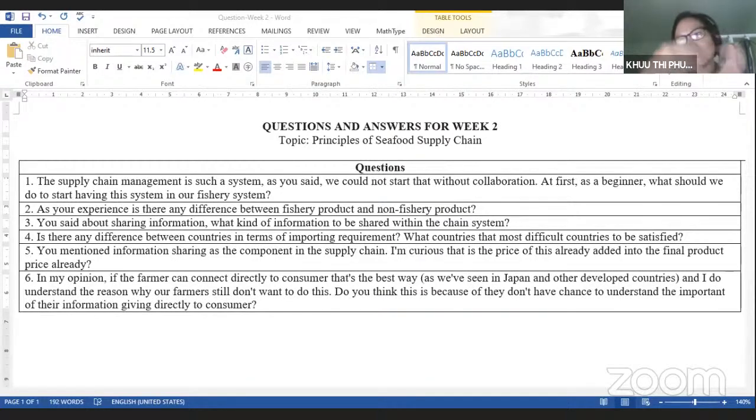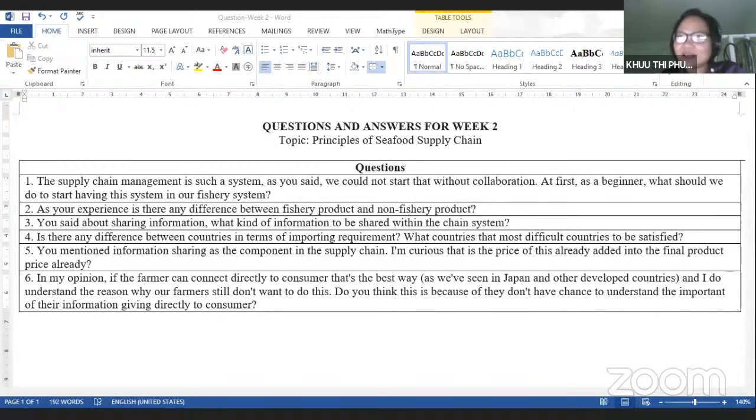That's why we have to consider the requirements of global customers. Because each country and market has different regulations and laws, we have to consider the regulation of each market we want to export to.